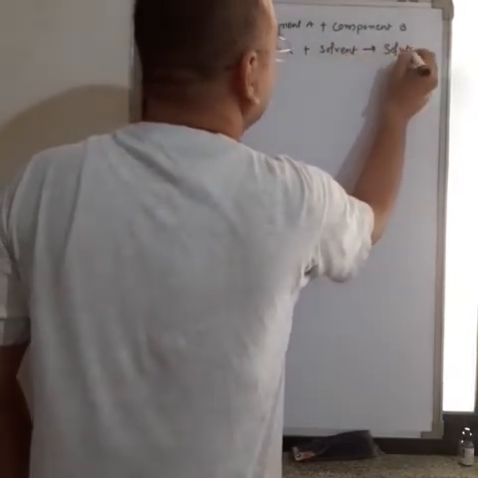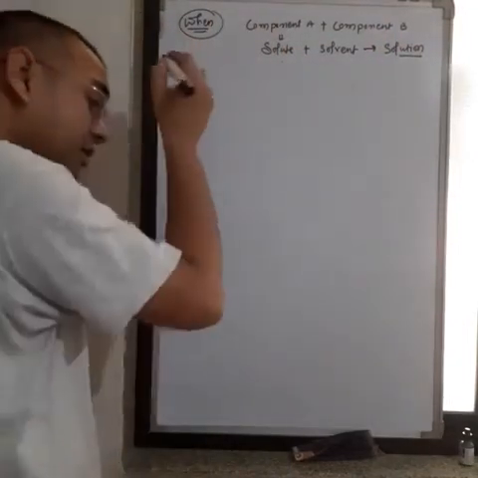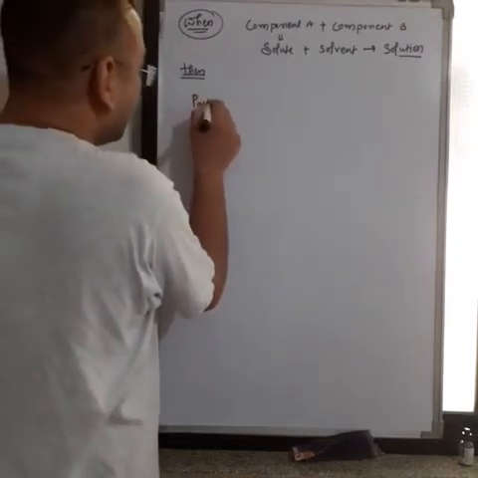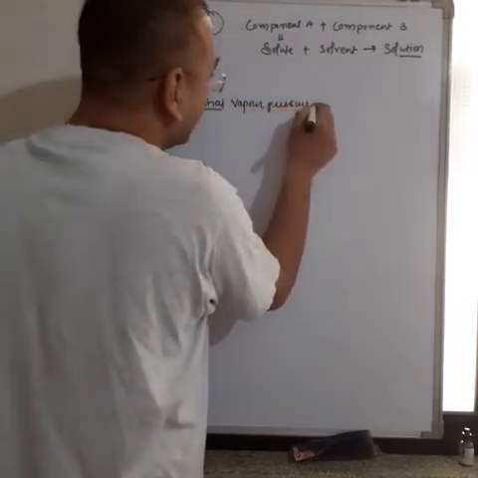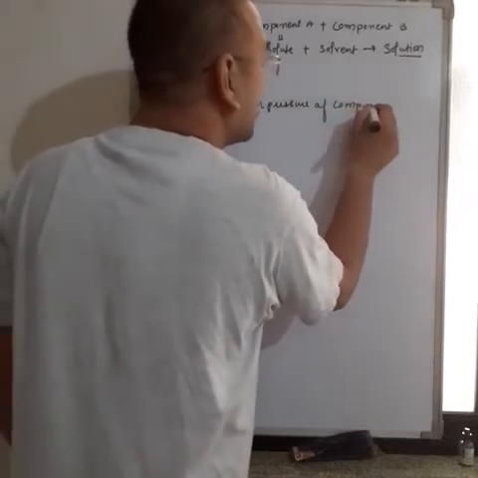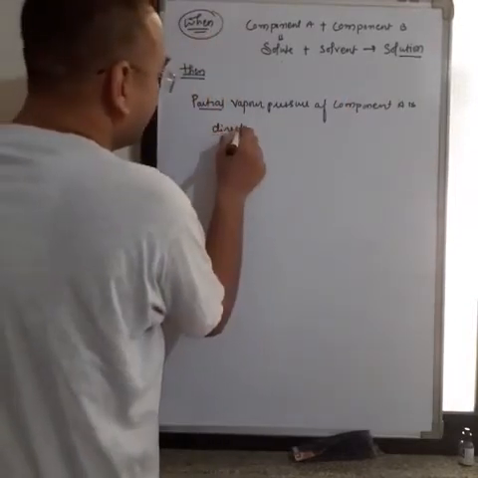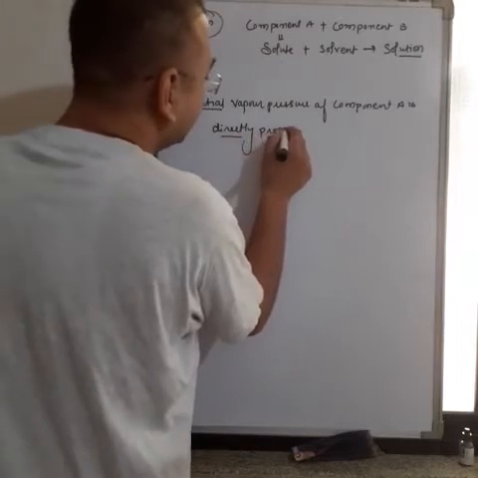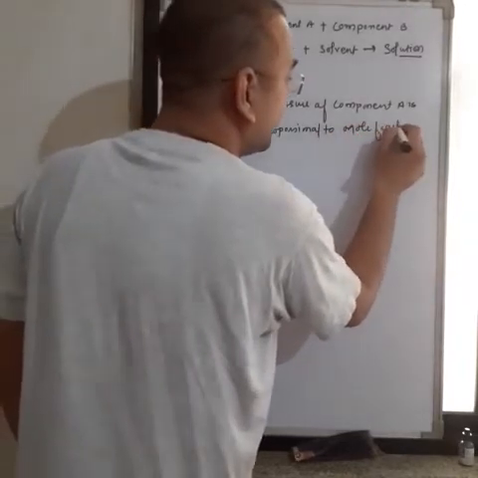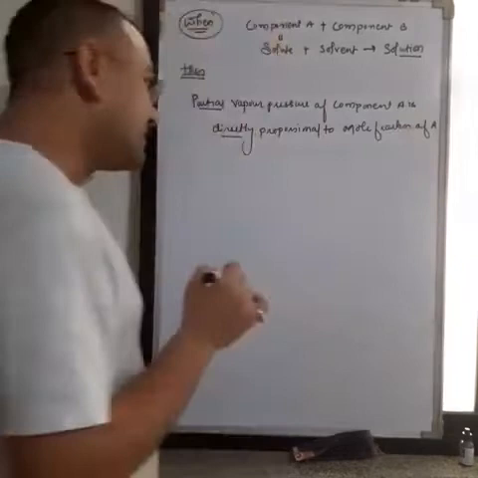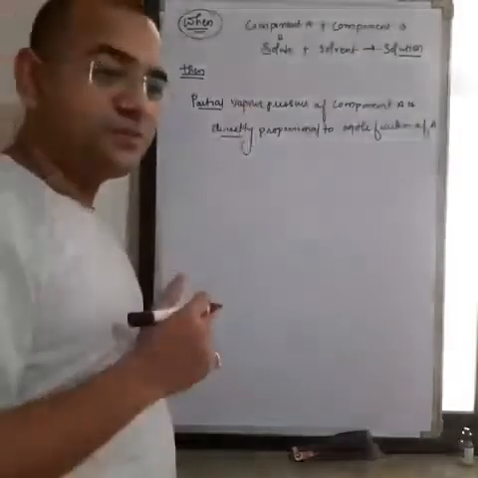form a solution, then we can say that the partial vapor pressure of component A is directly proportional to the mole fraction of A. It means जितना हमारा कंपोनेंट ए होगा उतना ही प्रेशर वो अप्लाई करेगा.